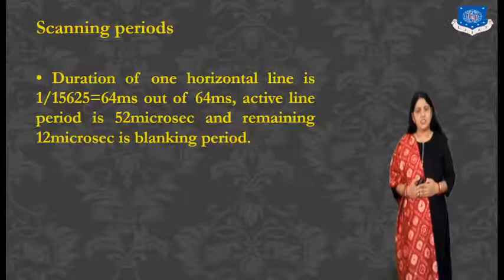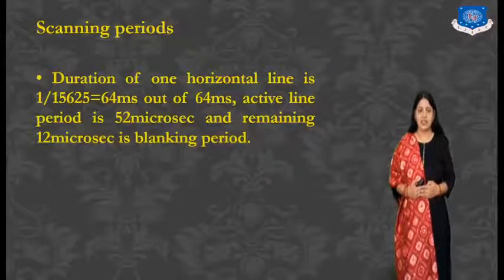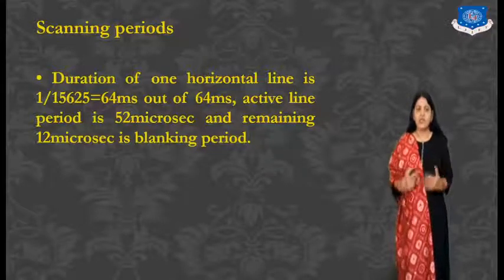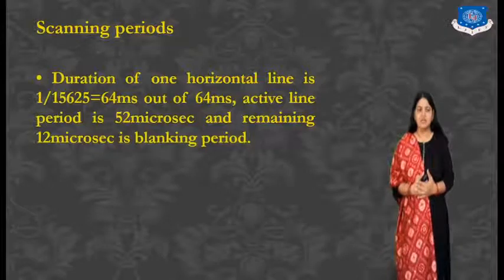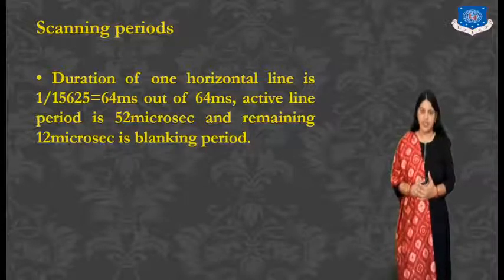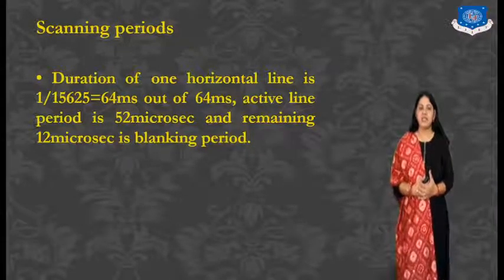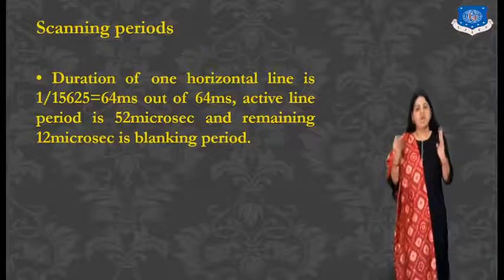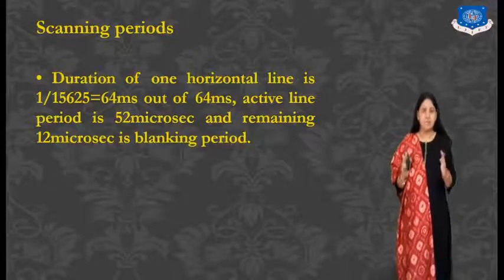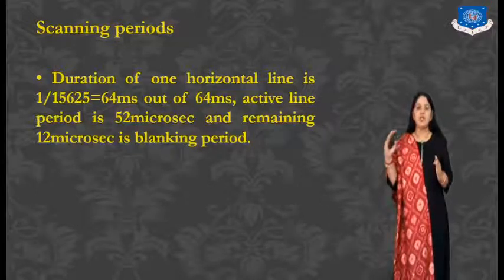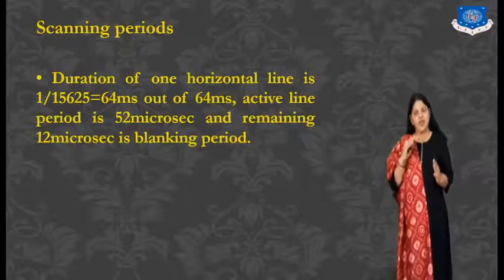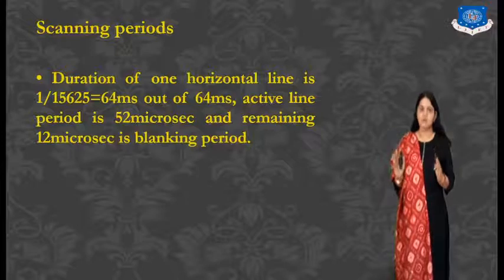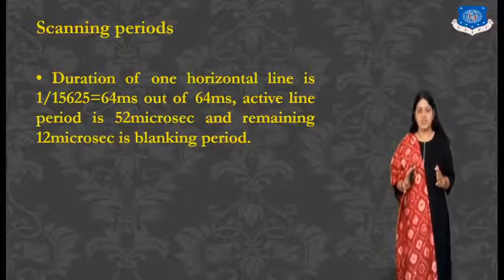Out of this 64 microseconds, the active line period is 52 microseconds and the remaining 12 microseconds is known as the blanking period. As we have seen earlier, the information part is there, so that tracing is known as the trace period and the retrace period.